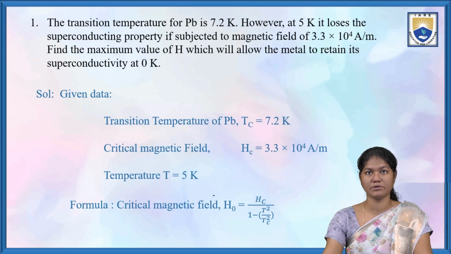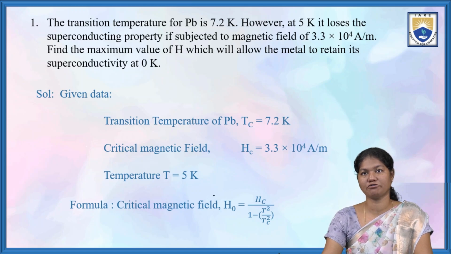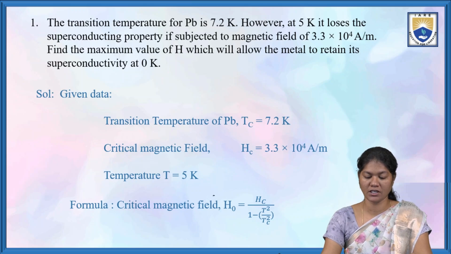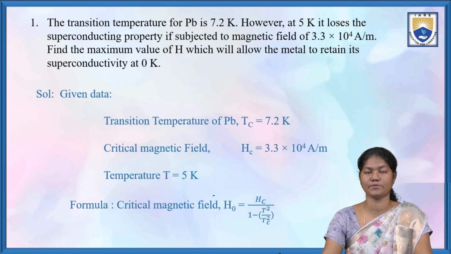Find the maximum value of H, the magnetic field, which will allow the metal to retain its superconductivity at 0 degree Kelvin. So this is the problem.